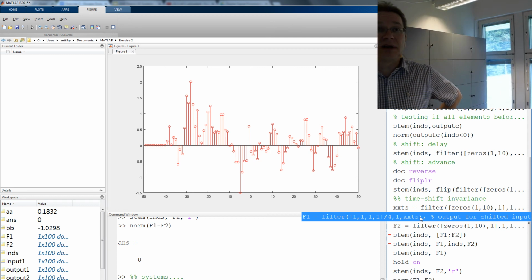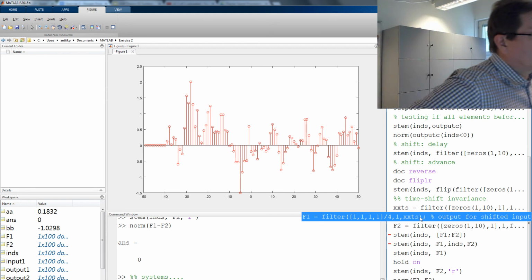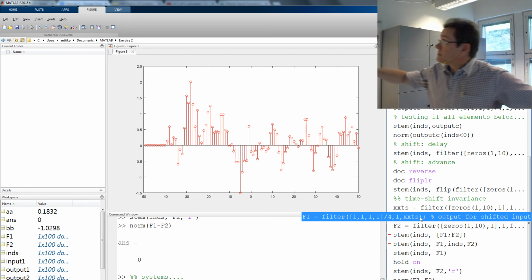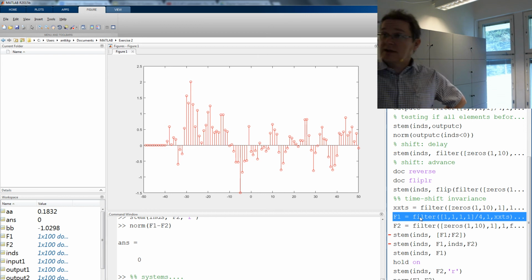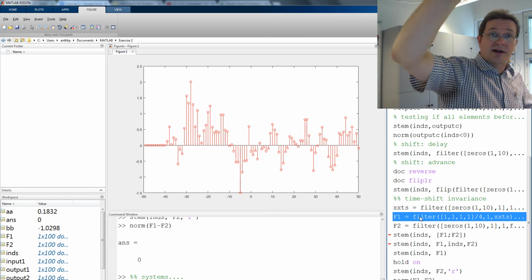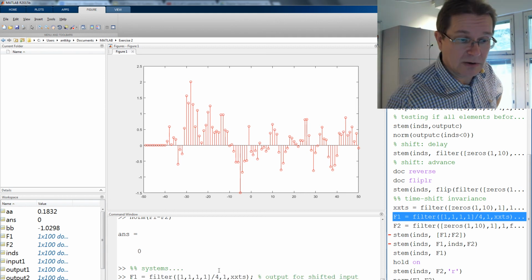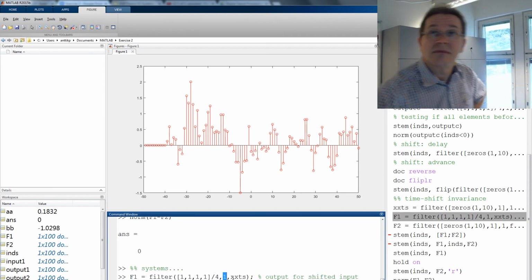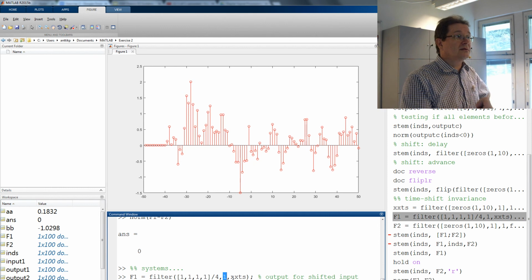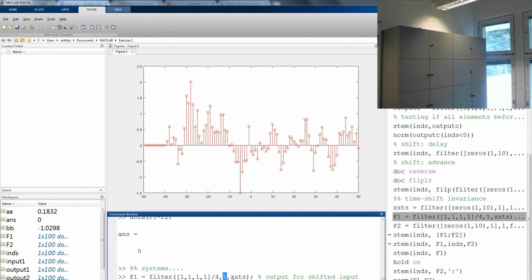So that's the running average filter coefficients for x. And then the other one, there's a scalar number 1 in the middle. That's the parameters for y.